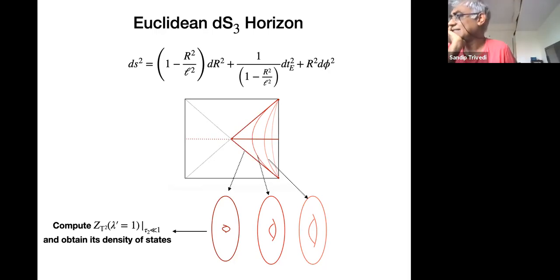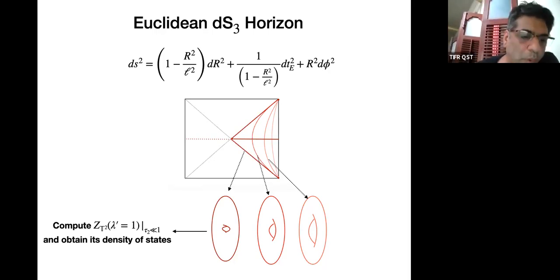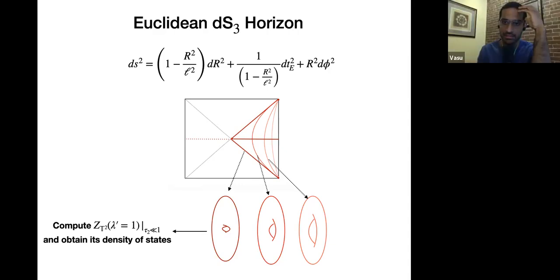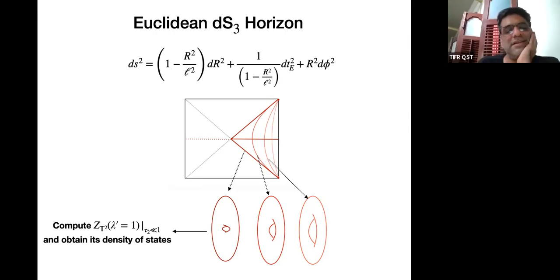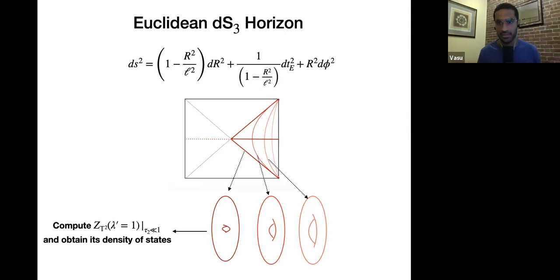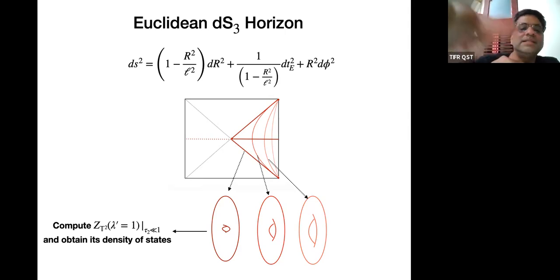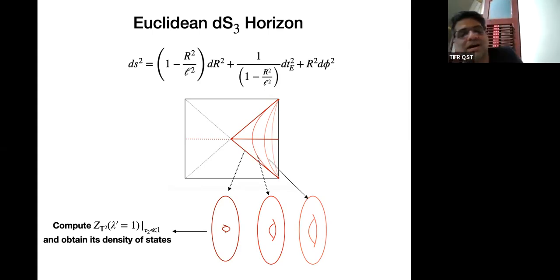Sorry. Yeah. So are all your computations going to be done in Euclidean space? Yes. So then I just wanted to understand these slices. Could you help me a little bit? Is Euclidean a three-sphere? Yeah. Okay. And then what are these? Can you tell me what these curvy red lines are in Euclidean de Sitter?